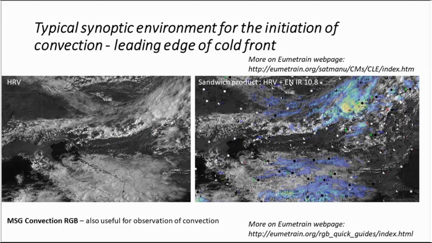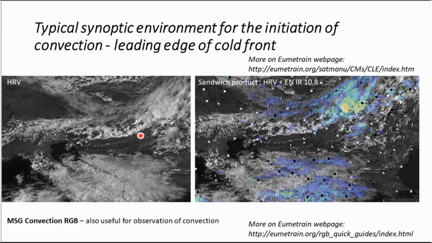So we can see here on HRV we have some convective clouds, but it wasn't so intense. Yes, it produced some showers, it produced some thunder, but it wasn't so severe.